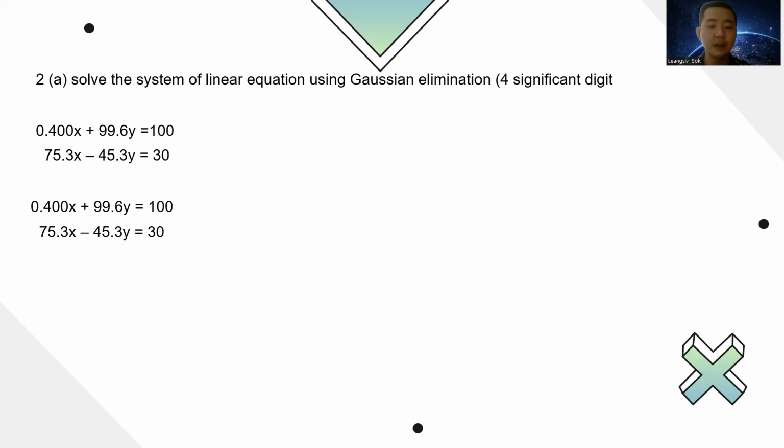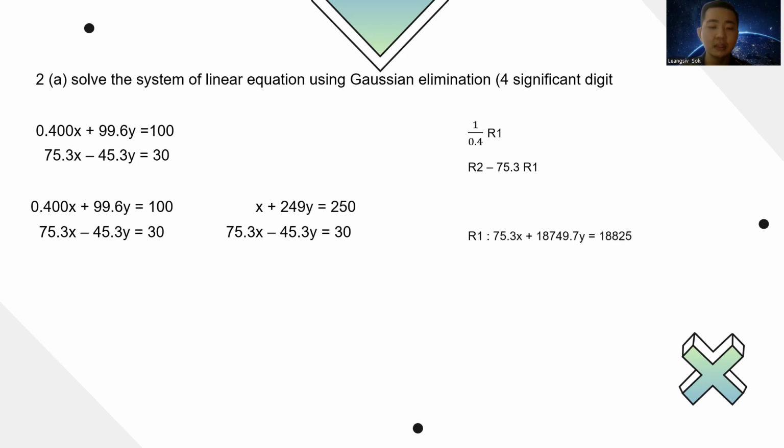Now, let's try to solve this with a system of linear equations. First, we apply 1 over 0.401, which we will get x plus 249 is equal to 250, and the second equation remains the same, and we apply R2 minus 25.301 R1.